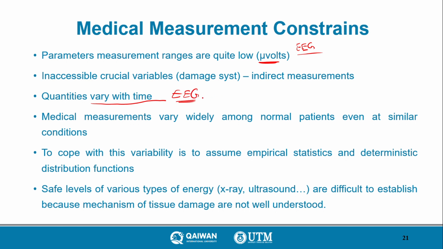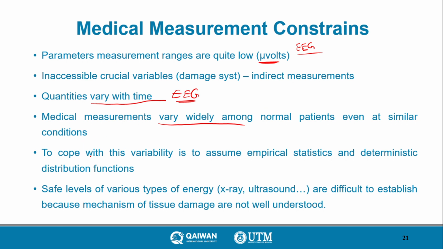It varies with time, with type of medication, with different conditions. Medical measurements vary widely among normal patients, even under similar conditions. For example, the blood pressure is not fixed or constant between human races.